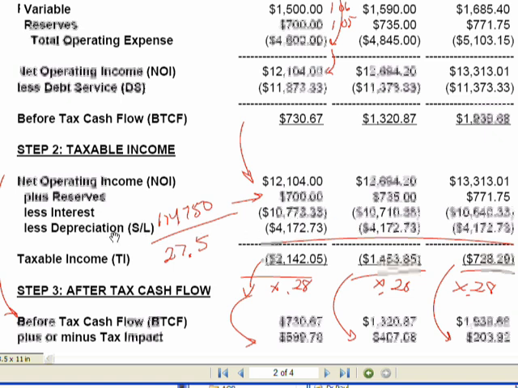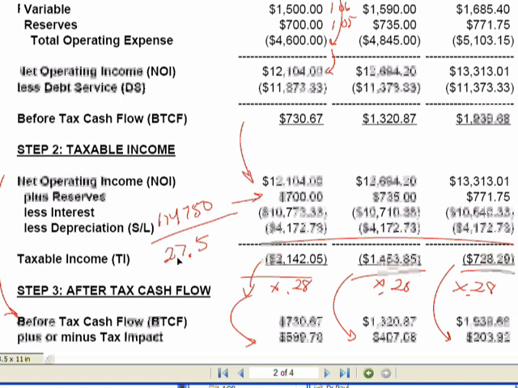The next item we get to deduct is depreciation. And this is IRS required, or allowed, depreciation. We're using the straight line method. And remember that only the building or the improvements we can depreciate. That's why we had to calculate the value of the land and the value of the improvements. Remember, from the $135,000 asking price or acquisition price, 85% represented improvement or building value, or the value of the building was $114,750.